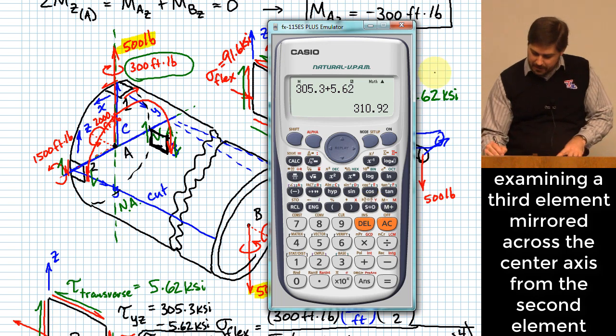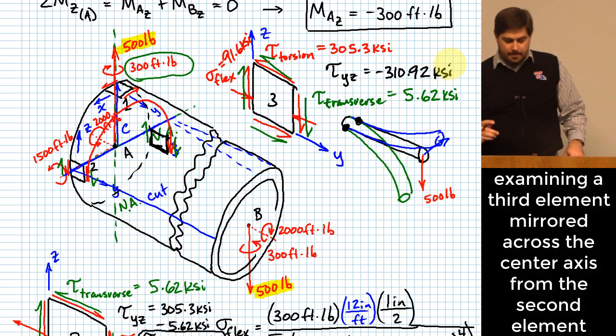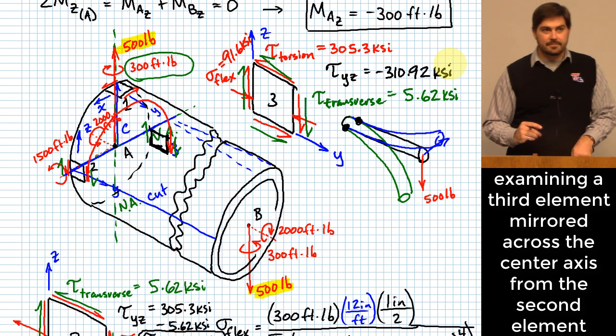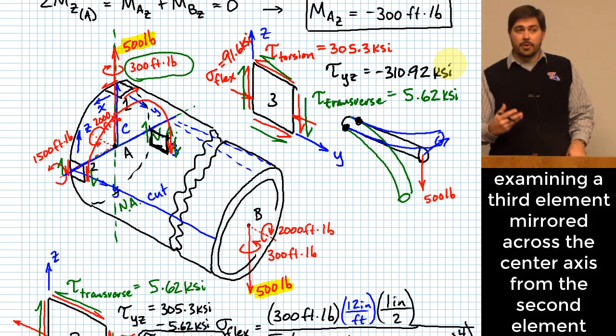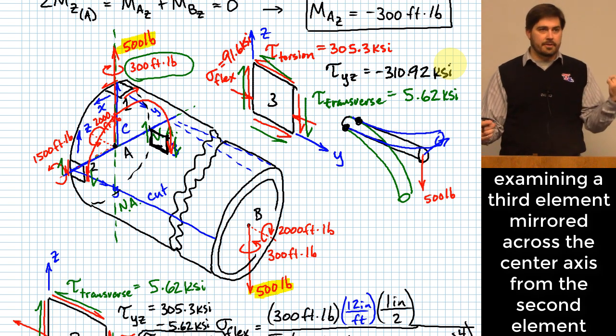So negative 310.92. Yeah, so you're carrying more stress and shear on that side of it than on the other side of it.